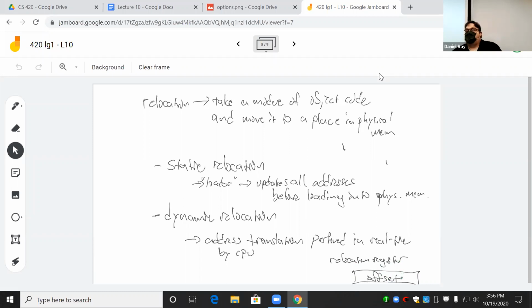Now every time you execute an instruction out of this program, you first check whether there are any addresses, and if there are, before you execute, you add the value from the relocation register.